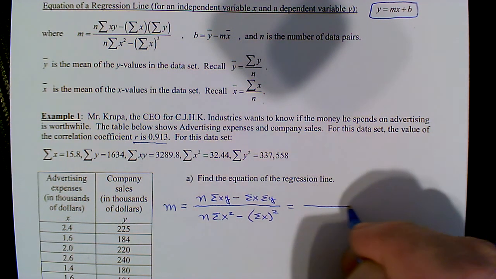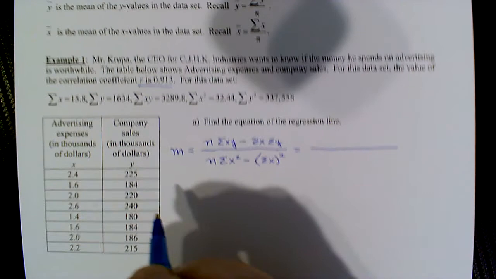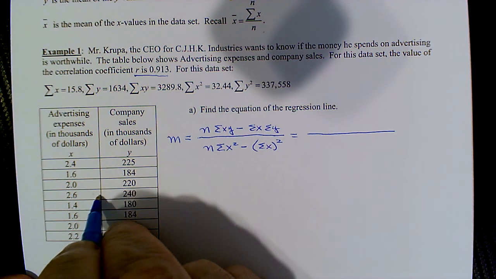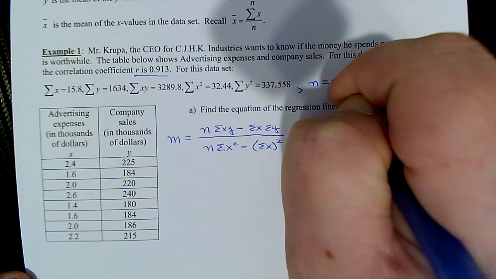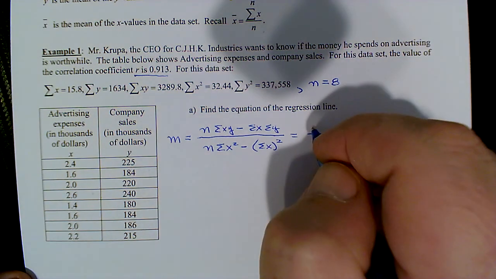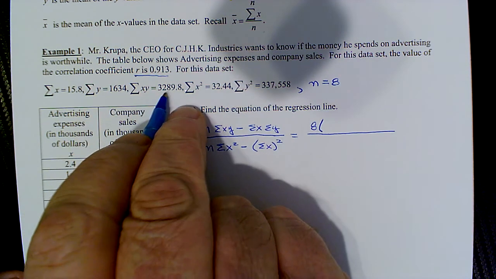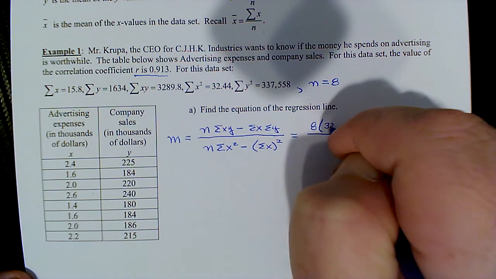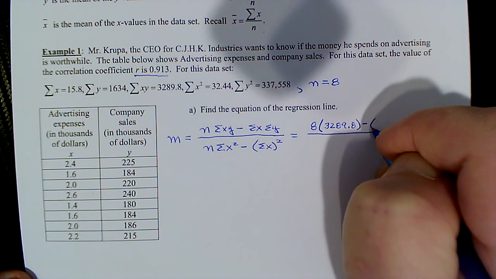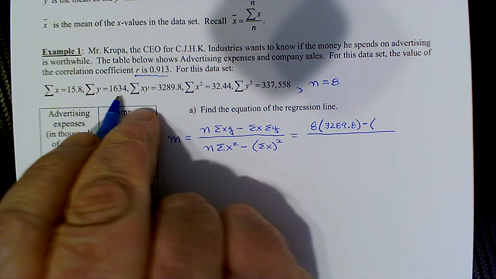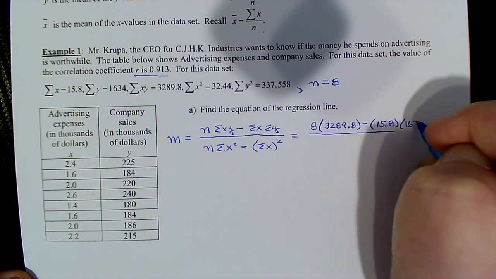Alright, so let's note how many data pairs we have. Count them up. 1, 2, 3, 4, 5, 6, 7, 8. So n equals 8. And into the formula, n is 8, sum of the xy's is 3289.8, and then minus the sum of the x's, that's 15.8, times the sum of the y's, 1634.